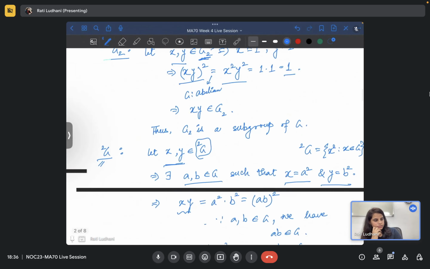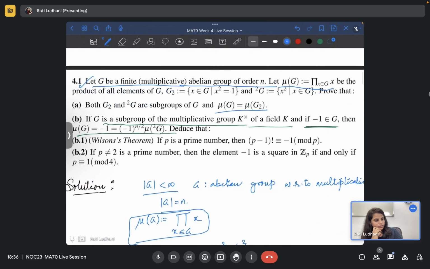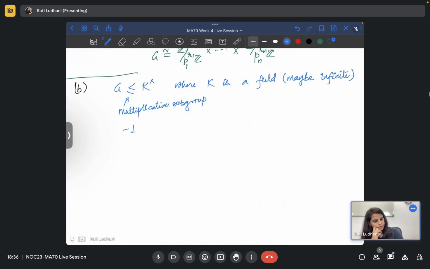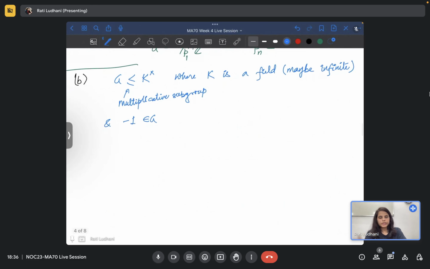Now, it is also given that minus 1 belongs to G, so there is one more condition. We already know 1 will be there because G is a subgroup, and K star has multiplicative identity 1, so G will contain 1. But we have this extra condition that the additive inverse of 1, that is minus 1, is also in G. That is not required to be there to become a multiplicative subgroup, but we have this extra condition.